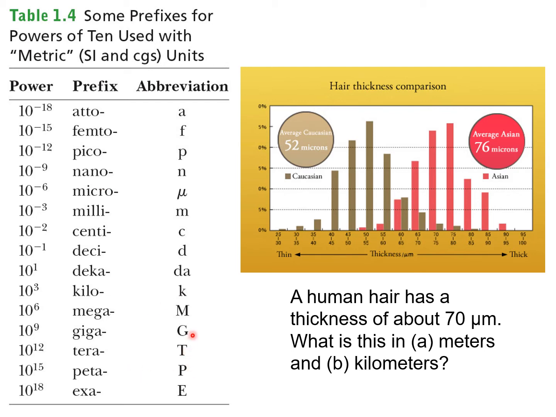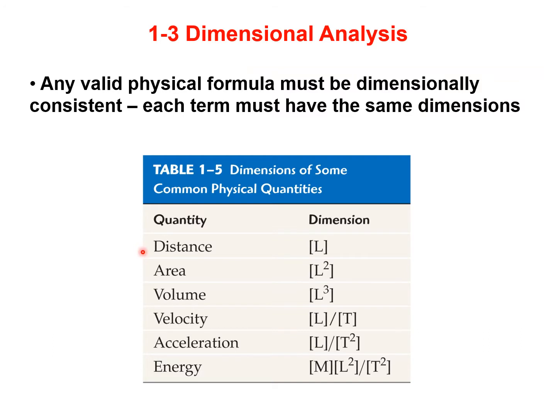Tok Guru memarahi kami dekat Central Market menyebabkan Nani pingsan. So that's what I did. It's quite funny, but it works for me to understand the prefixes for the power of 10 used with the metric system. Remember, this is SI unit and also CGS unit.